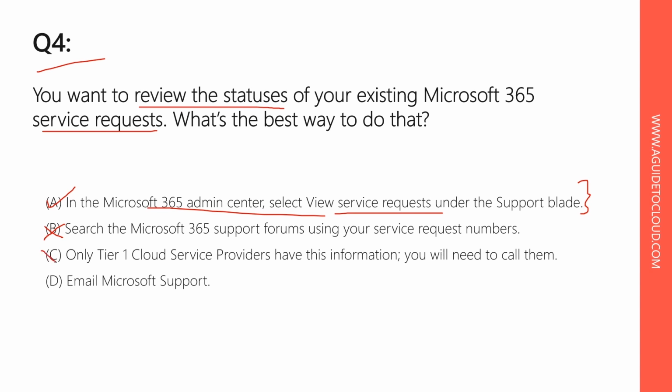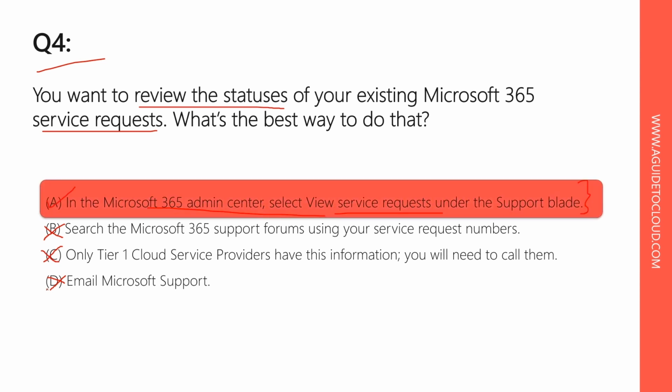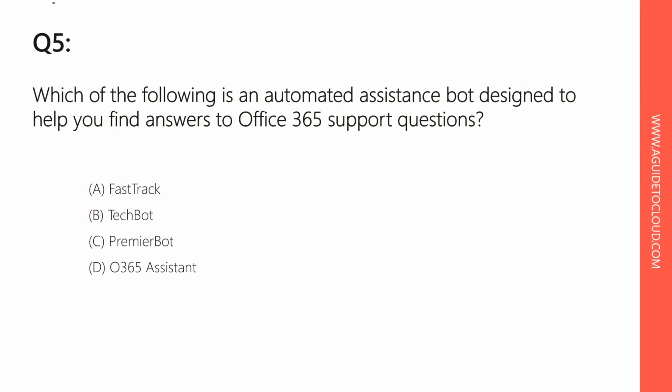No. If you are under CSP, then you would need to go through the CSP program, but this is not that option. Email Microsoft support. Yes, you can get some details about your ticket if you email them, but that's not where you check the status. You go under your Microsoft Admin Center and click on View Service Requests under the support blade. All right, let's look at the next question.